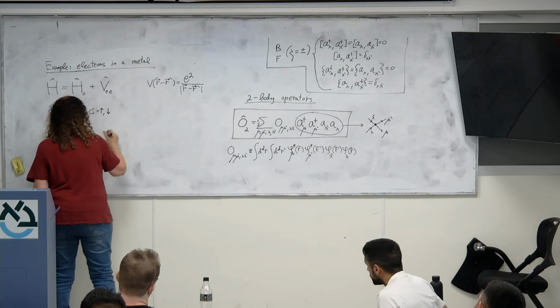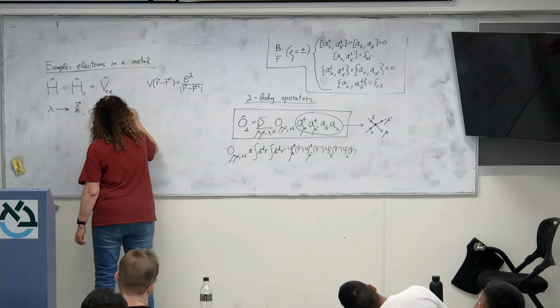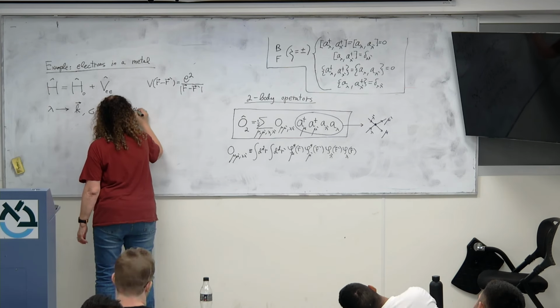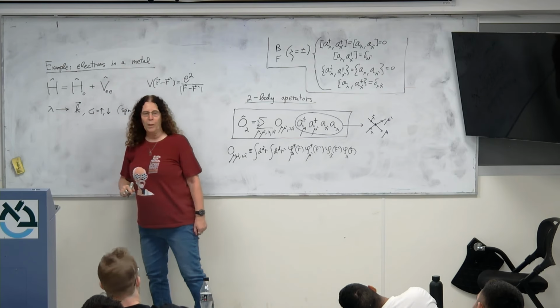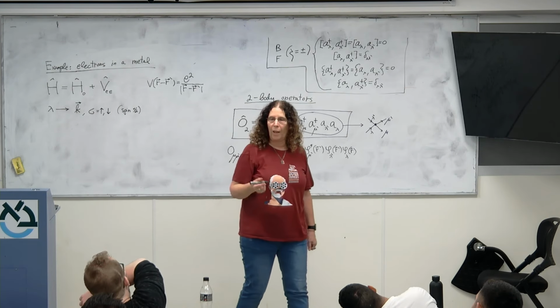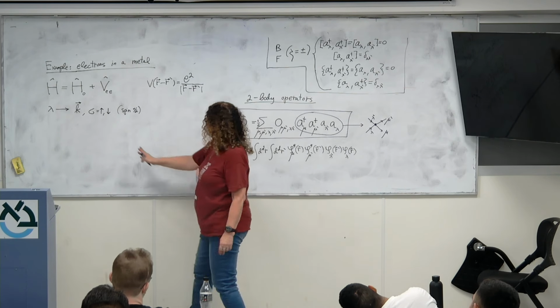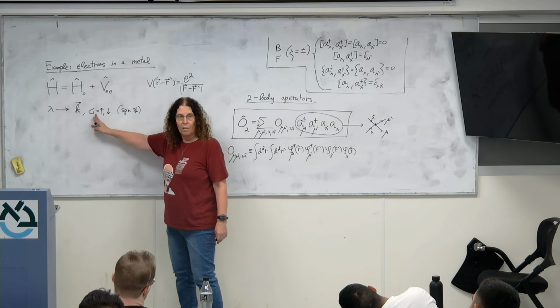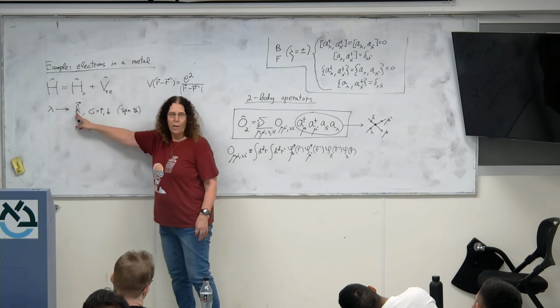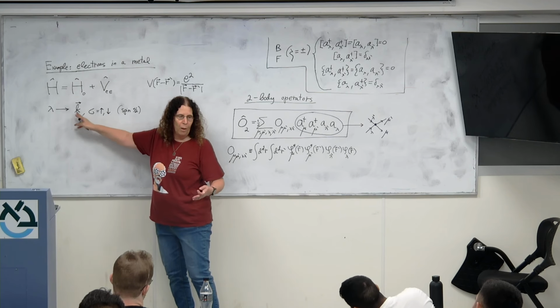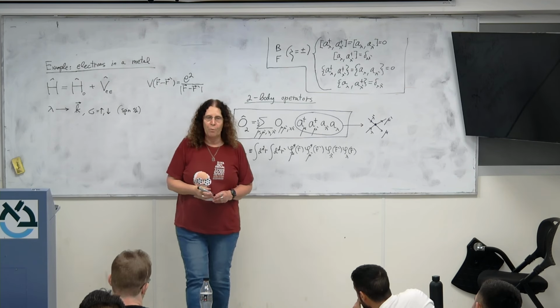The electrons are spin half particles, so they have two states, up and down in some basis. Sigma is a discrete index, and k is generally a continuous variable if you have infinite volume.